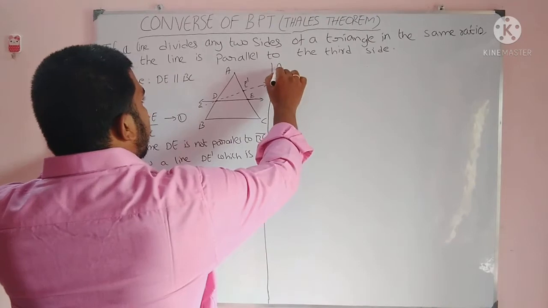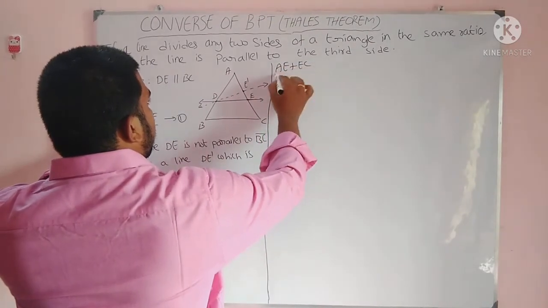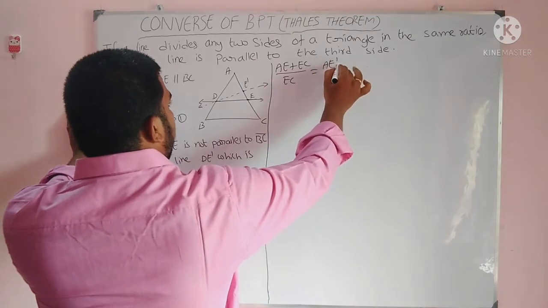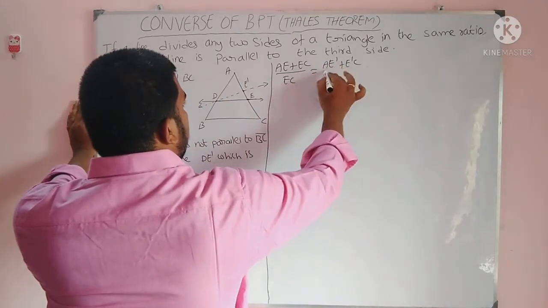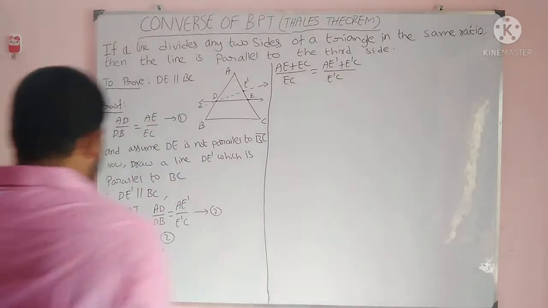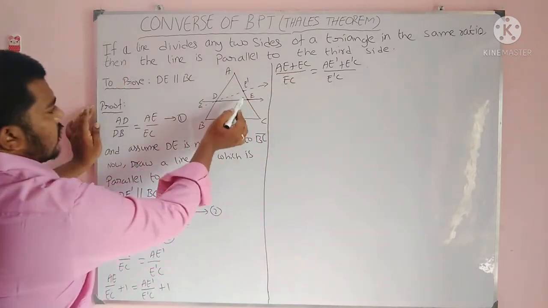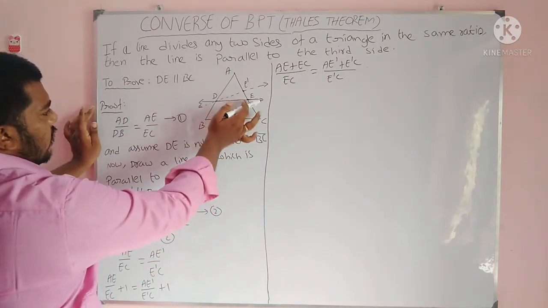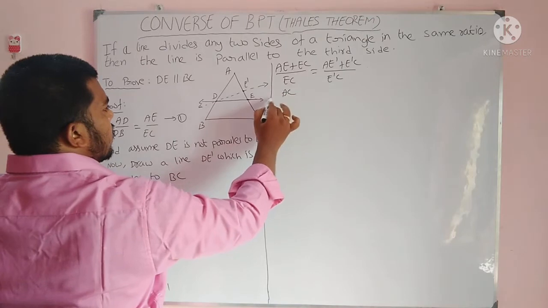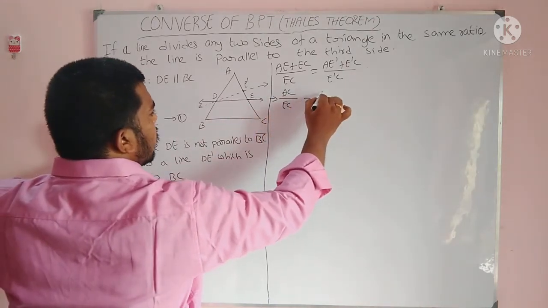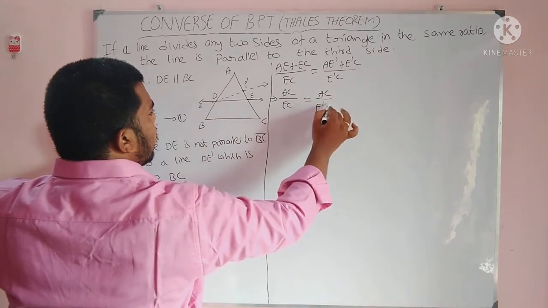So AE plus EC by EC equals AE dash plus E dash C by E dash C. Plus 1 means EC is multiplied with 1, and here E dash C is multiplied. AE plus EC is AC, so AC by EC equals AC by E dash C.